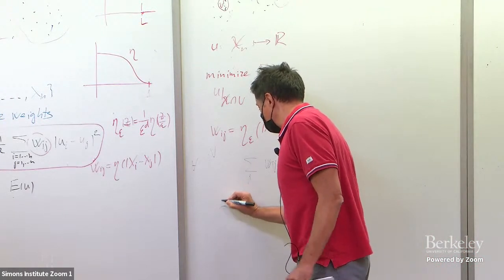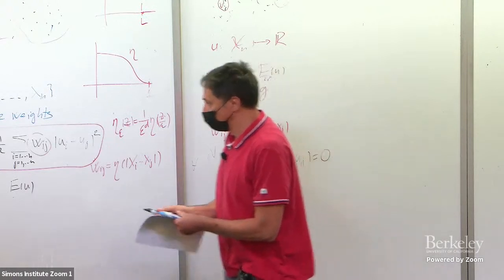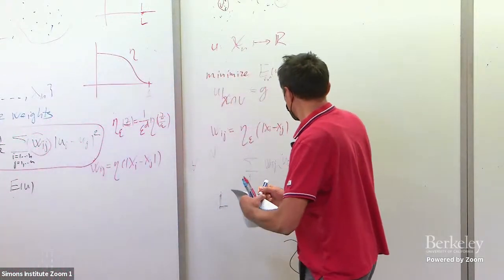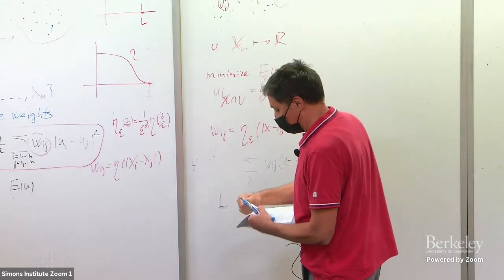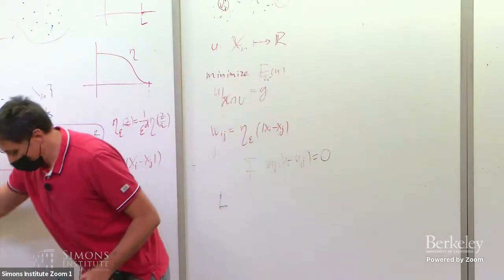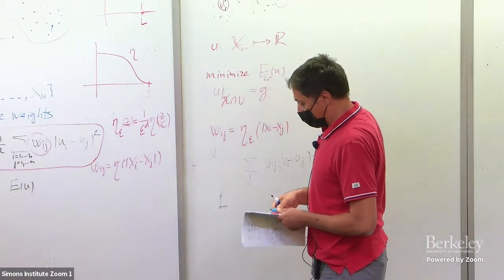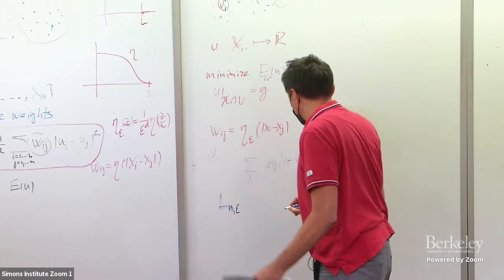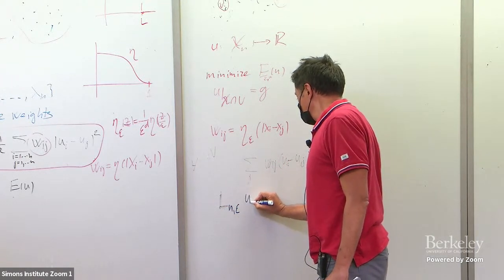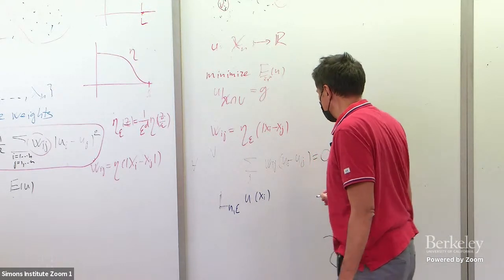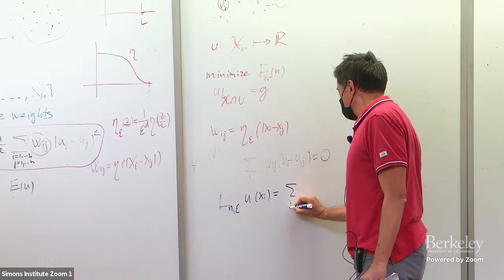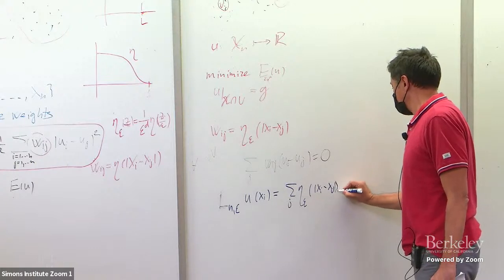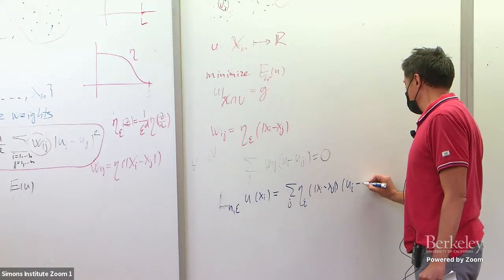Well, this is what I will call the graph Laplacian. So L_n,epsilon of U evaluated, here I'm going to write explicitly xi, would be the sum over j of eta epsilon of xi minus xj times (U at xi, which I denoted by ui, minus uj).